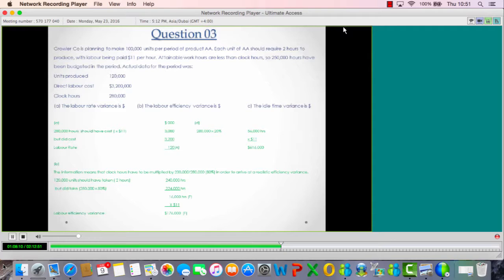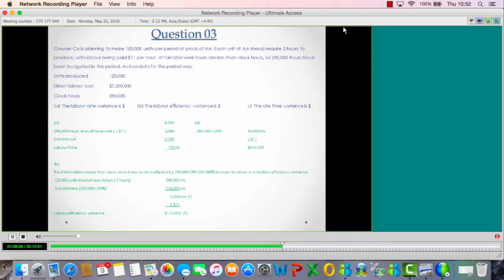Attainable work hours are less than the clock hours. Clock hours means the time. Attainable work hours means the productive time is less than the clock hours. Say for example, they worked 100 hours, but they were actually working only for 80 hours.